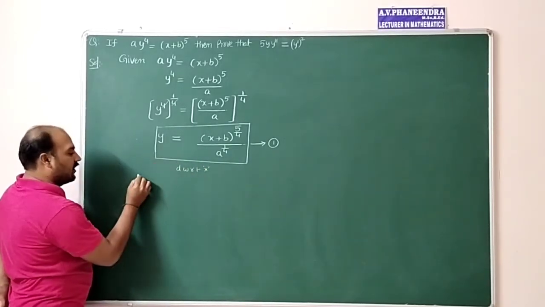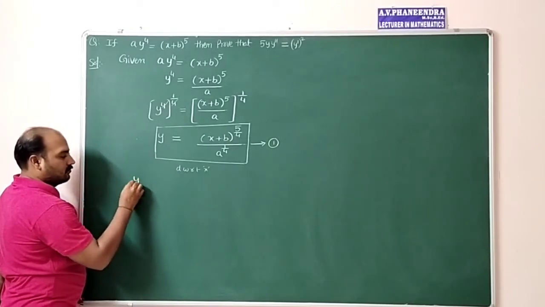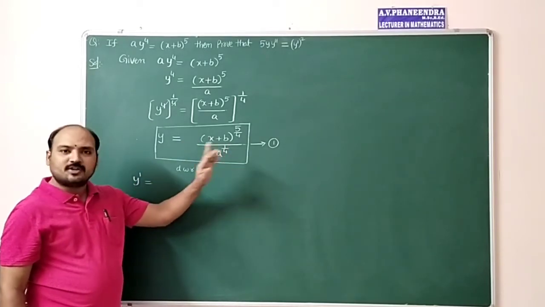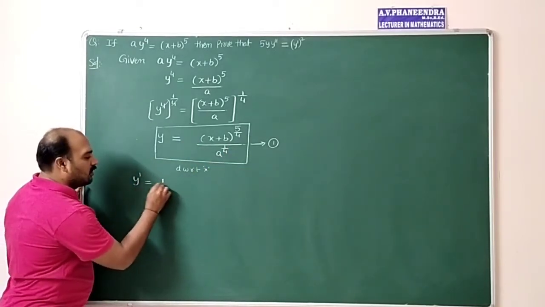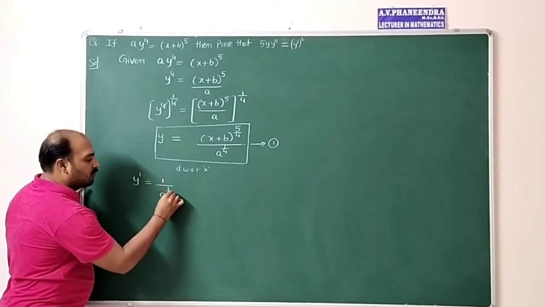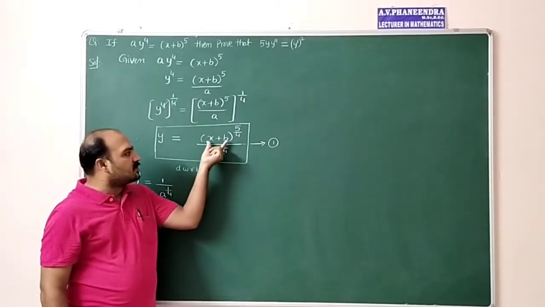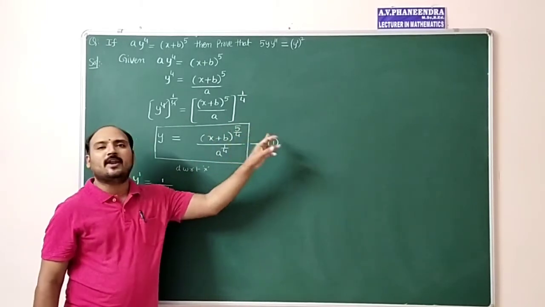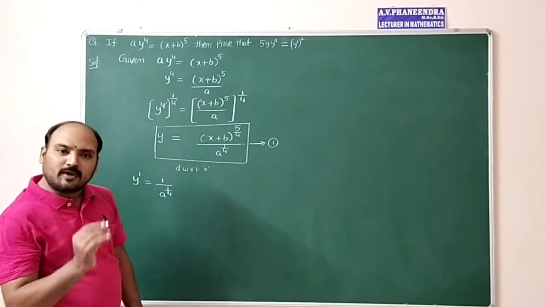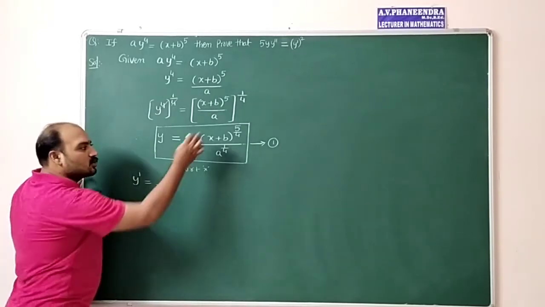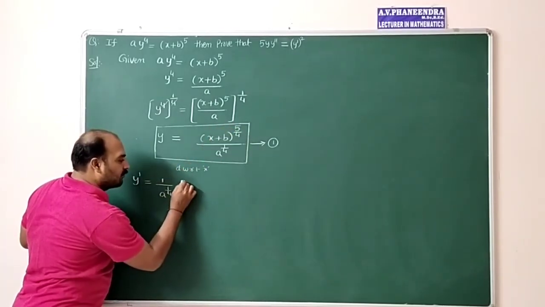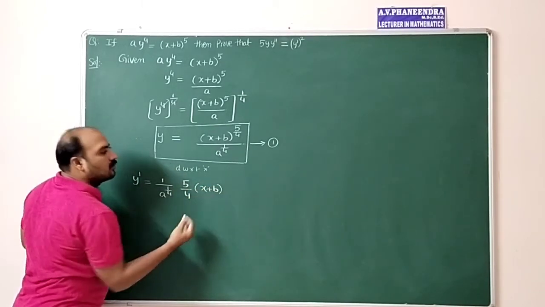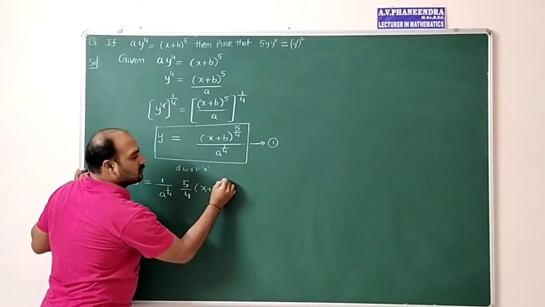y dash is equal to 1 by a power 1 by 4, which is constant, so we can take it outside. Now the rest of the function, (x plus b) whole power 5 by 4, is in the form of x power n. The derivative of x power n we know is n into x power n minus 1. So n is here 5 by 4, into (x plus b) whole power 5 by 4 minus 1.